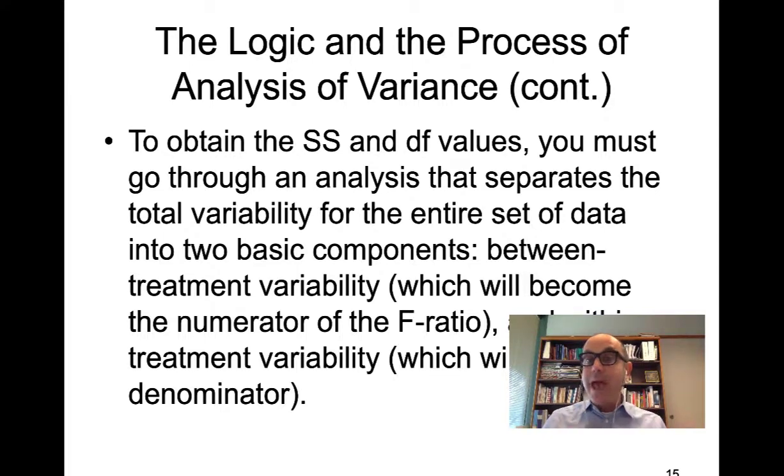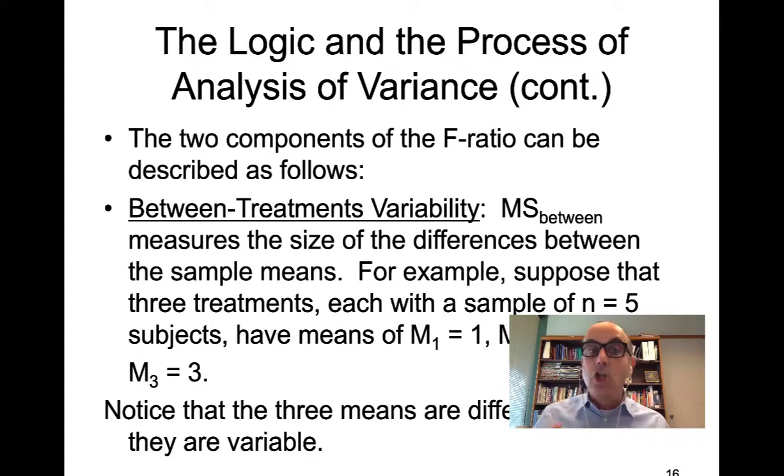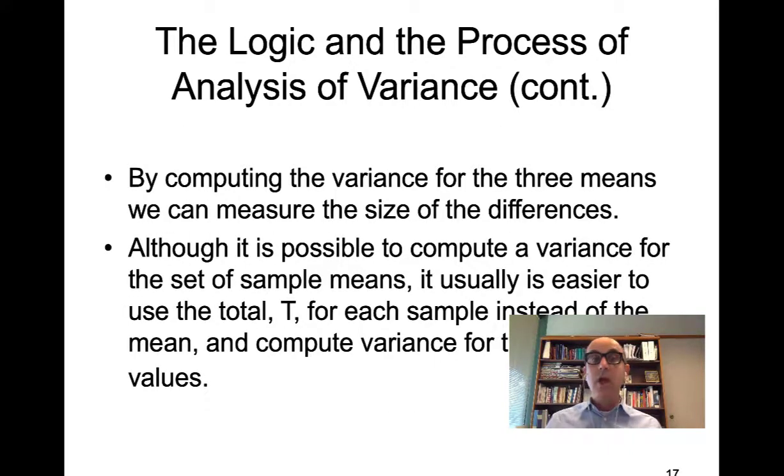That's where we are trying to compare in order to validate. The two components of the F ratio can be described, first, as between treatments, in this case the treatment of the study. By comparing the variance of the three means, we can measure the size of the differences, and that's what we are looking for in order to verify.